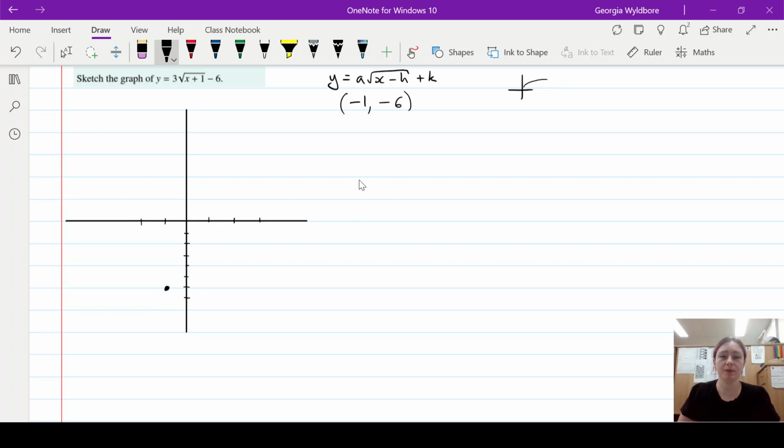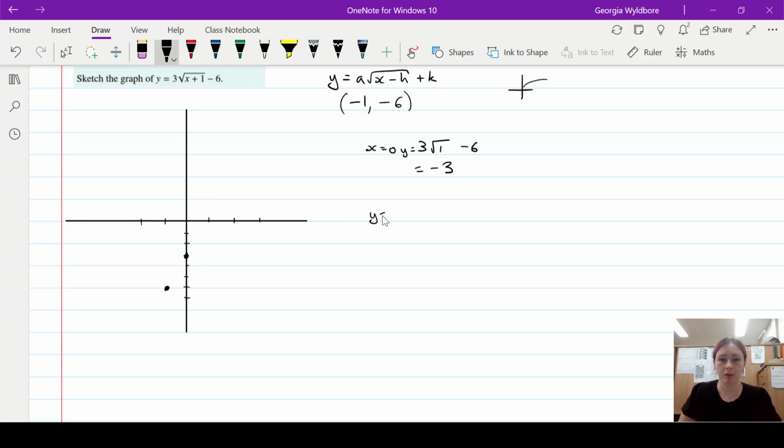We're just looking for those special features, our x and y intercepts. So let's make x equals 0 for our y-intercept. We've got 3 times the square root of 1 minus 6. Y equals that. So 3 minus 6 is just -3. So it's going to go through this point here.